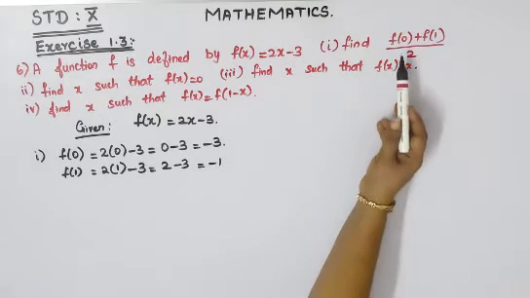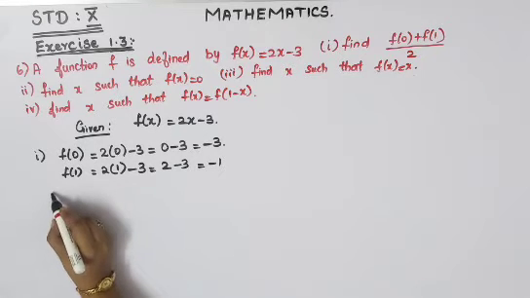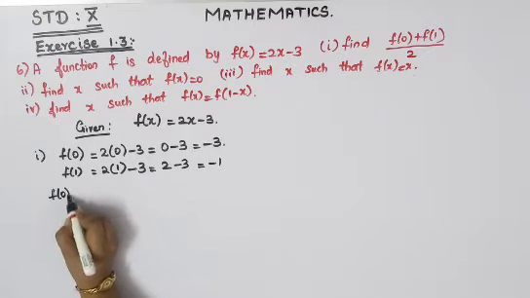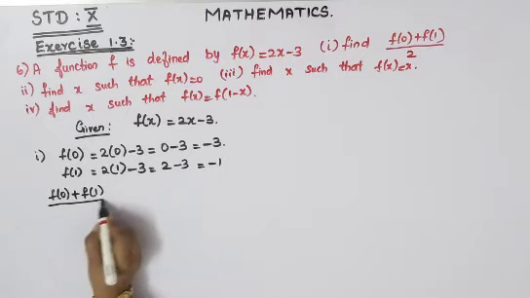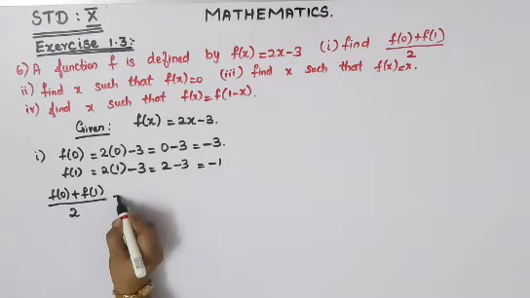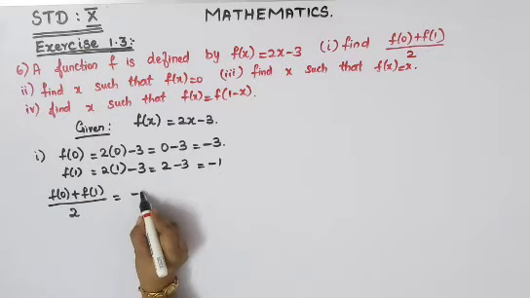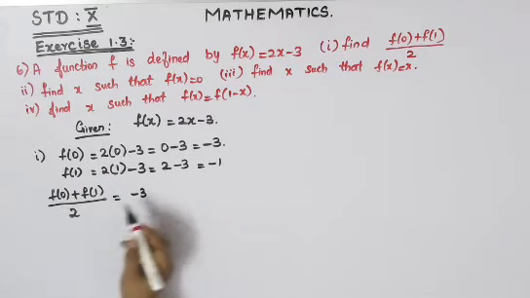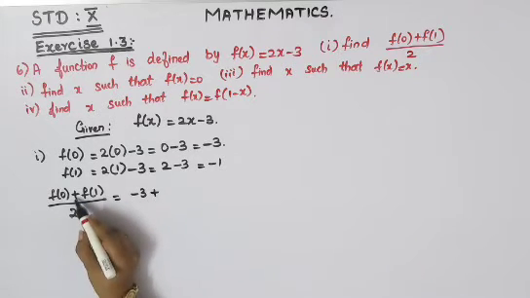They have asked to find f of 0 plus f of 1 divided by 2. So we'll just write f of 0 plus f of 1 divided by 2. You'll have to find it. So what we have got as f of 0 answer, that answer you can write here instead of f of 0. Okay, so minus 3 plus from here.